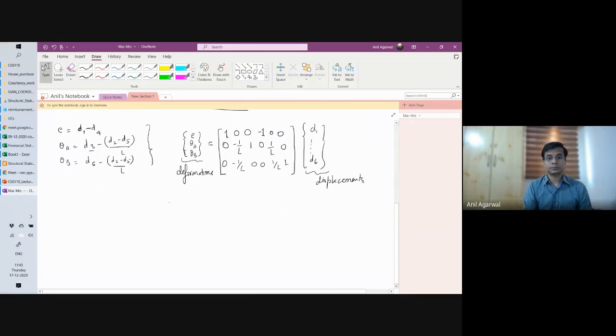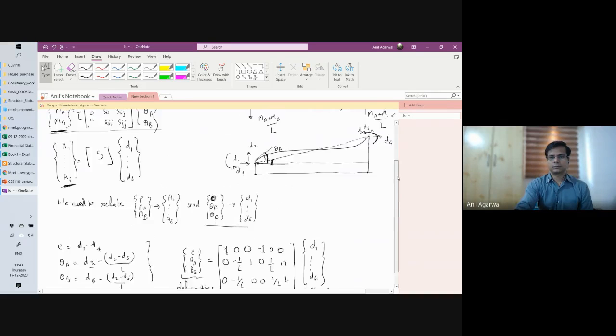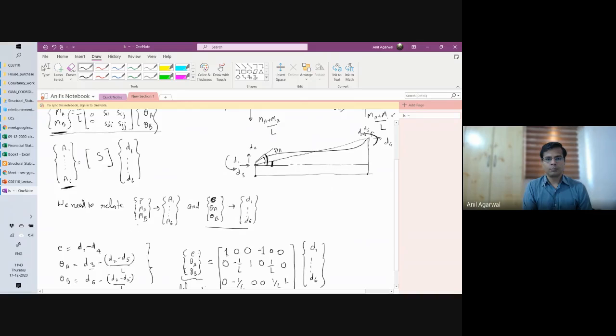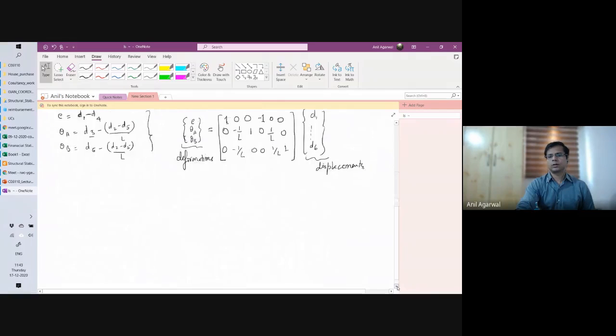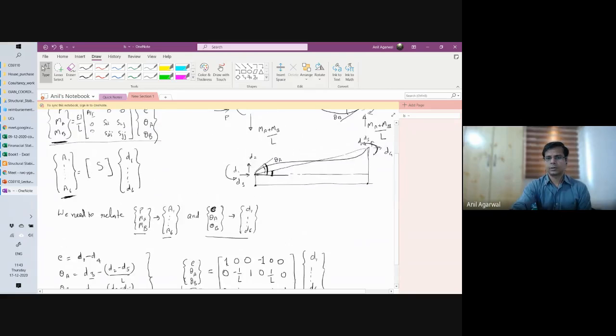Subsequently, I also need to relate P, MA, and MB, which in a way are internal forces, so to say, with the forces in the global degrees of freedom, in the member degrees of freedom. So let me draw this, or let me copy paste that diagram.